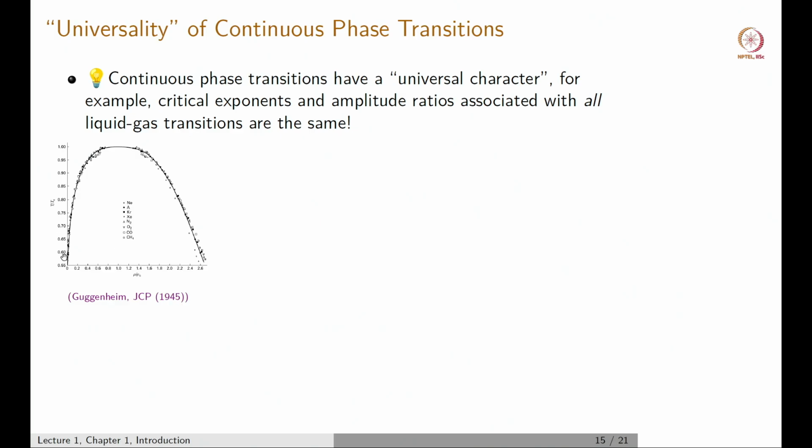What I am plotting here is temperature divided by critical temperature and density divided by critical density, for a variety of different materials. You see that when you plot it in this way, they all fall on the same curve. Now here is something remarkable. If you calculate the critical exponents for all these different materials from this data, you will find that the critical exponents of the liquid gas critical point are the same for all these materials.